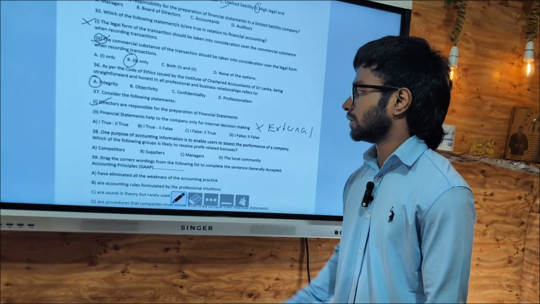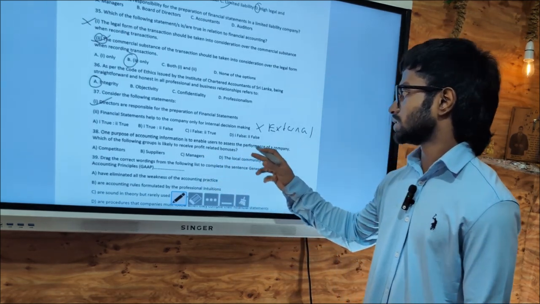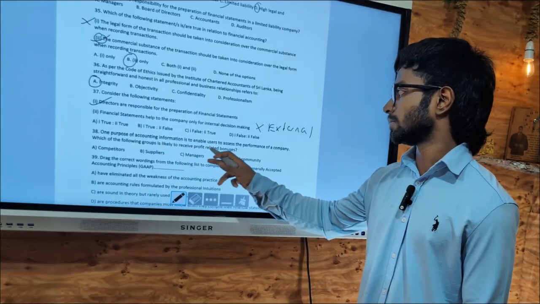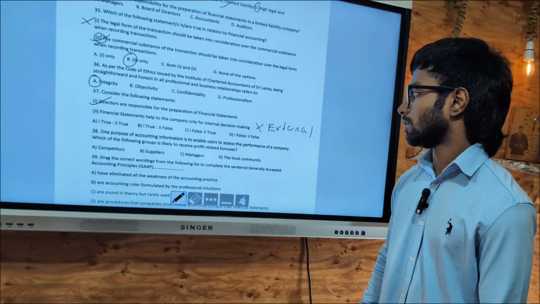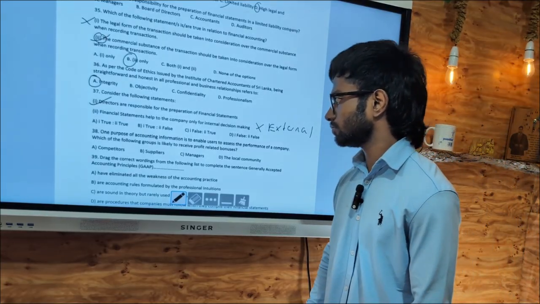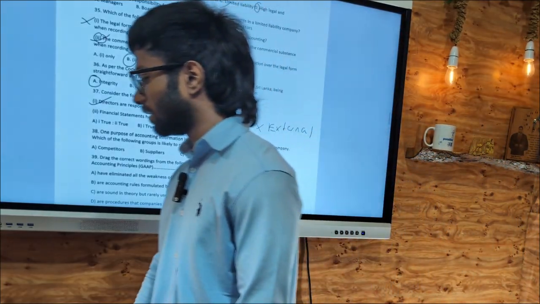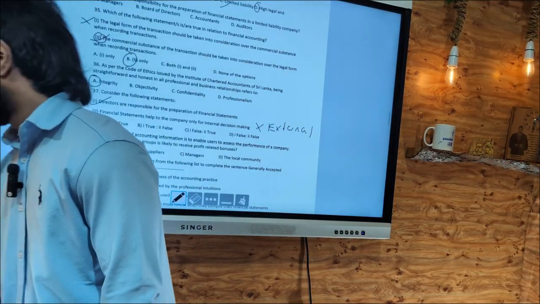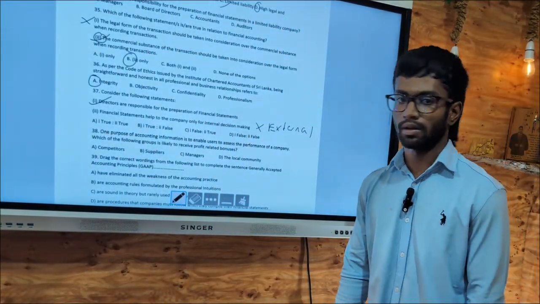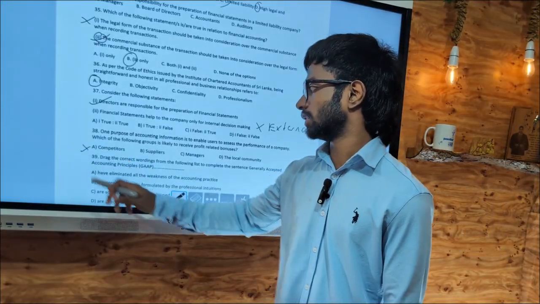Next, one purpose of accounting information is to enable users to assess the performance of a company. Which of the following groups is likely to receive profit related bonuses? So here, if the company is doing well, keep in mind, competitors won't get anything.